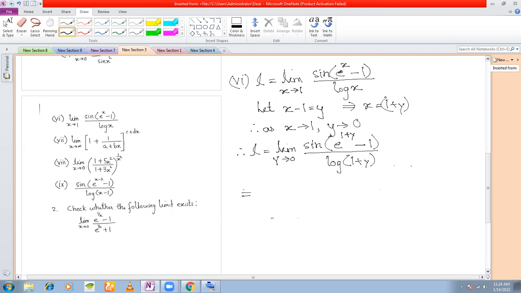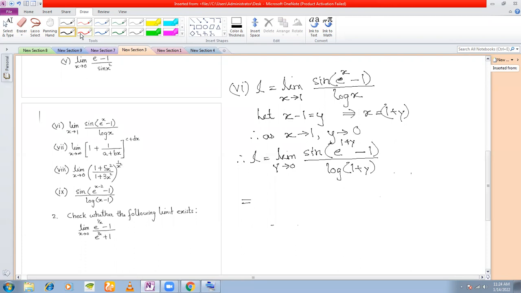There's a small mistake here. This power should be x minus 1. So if this power is x minus 1, then this power simply becomes e to the power of y.